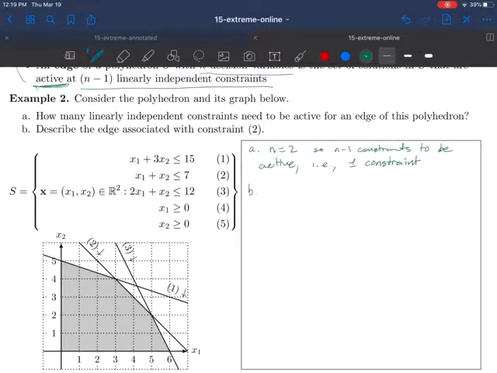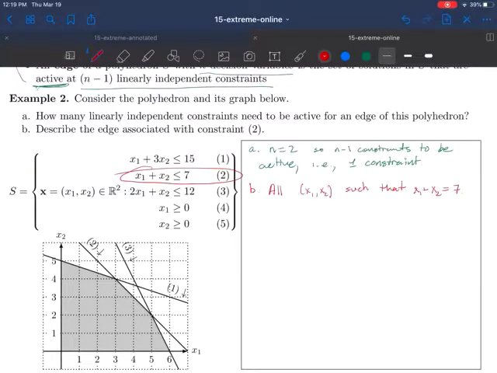If we want to describe the edge associated with constraint 2, that's part B. Constraint 2 needs to be satisfied at equality, so it's all x1, x2 such that x1 plus x2 equals 7.